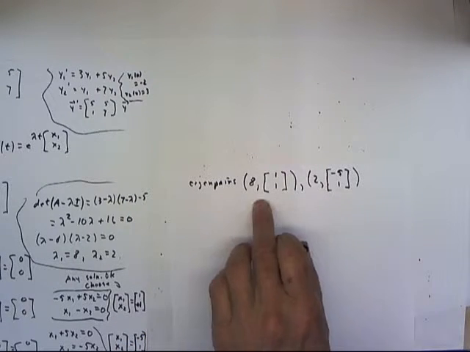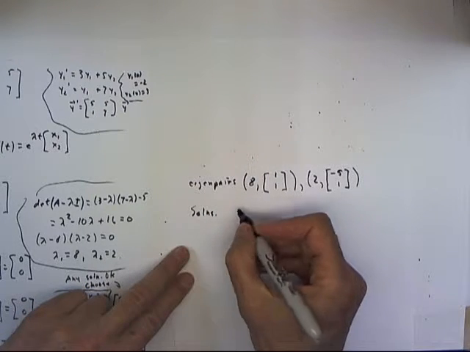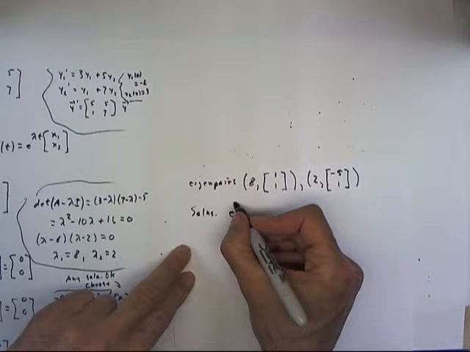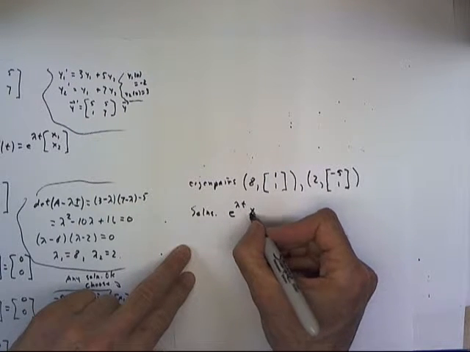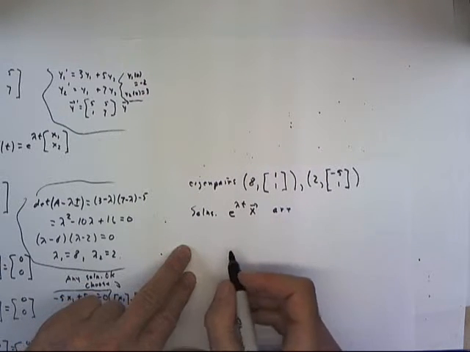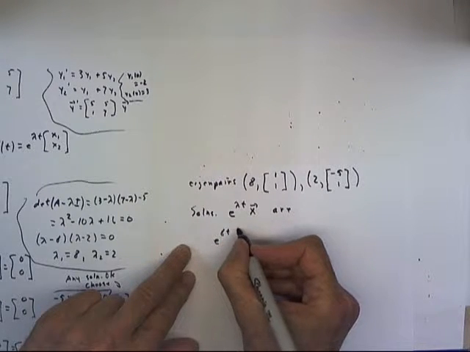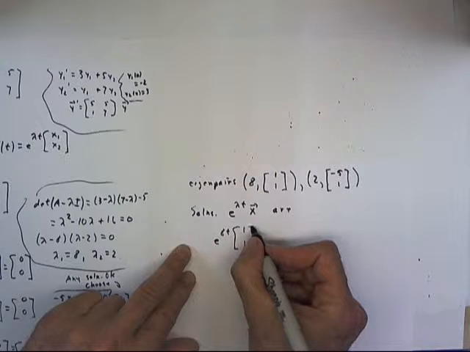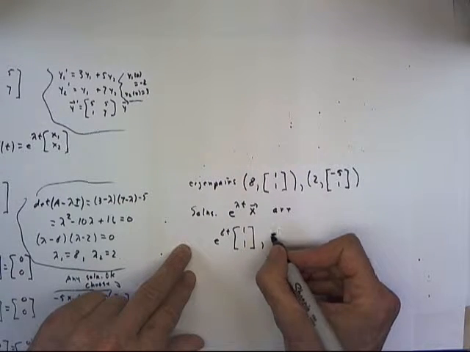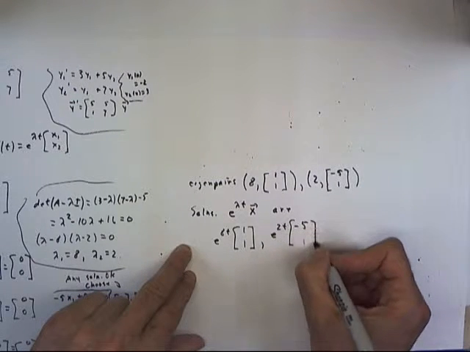Each eigenpair gives us a solution of the form e to the lambda t times the x vector. And the solutions then are e to the 8t multiplied by 1, 1, and e to the 2t multiplied by negative 5, 1.